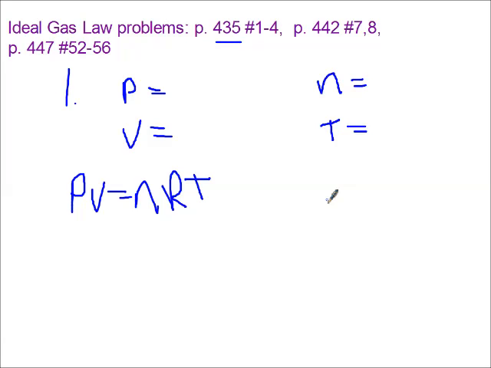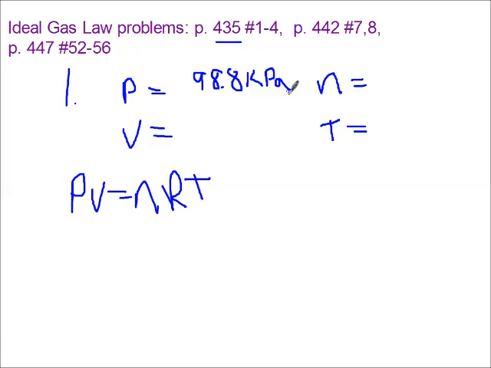Pause for a second and open your book up to find this. It says, how many moles of air molecules are contained in a 2-liter flask at 98.8 kilopascals and 25 degrees Celsius? So, for our pressure, it said 98.8 kilopascals. It didn't say at a pressure of, it says at 98.8 kilopascals.